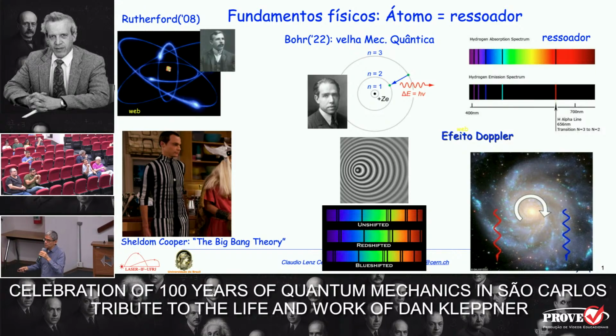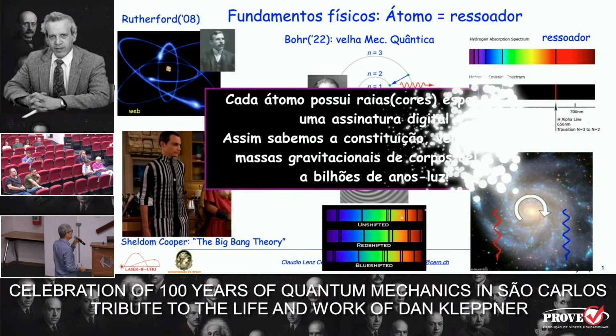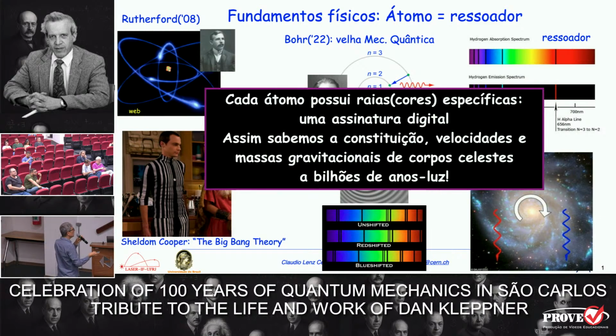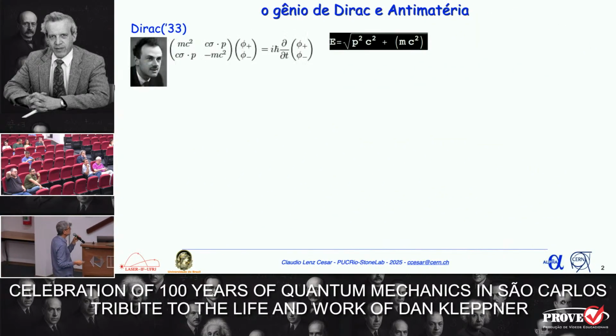So it's funny, we look for stars which are 1 billion light years away, and we can find out their chemical composition, and a lot of that story and the mass that is involved. So this all comes from the fact that each atom has a very specific signature in these quantum levels, because each atom is a very good resonator. And this is the basics of laser spectroscopy, actually.